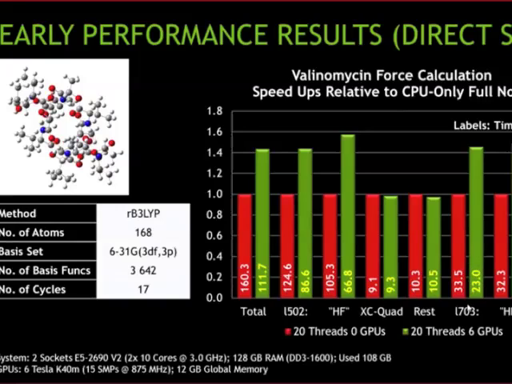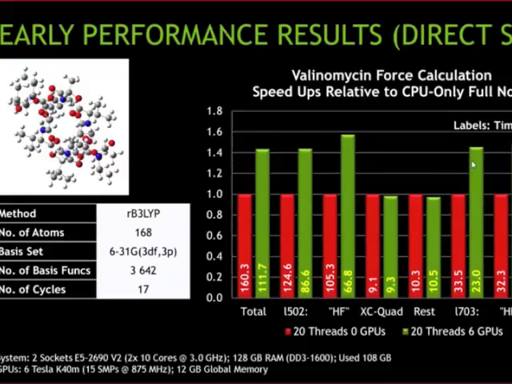703 is the first derivatives. Each of them is subdivided into the pure Hartree-Fock part and the XC quadrature, and in the case of 502, we also have the diagonalization. You see that the Hartree-Fock has been accelerated by close to 60%.